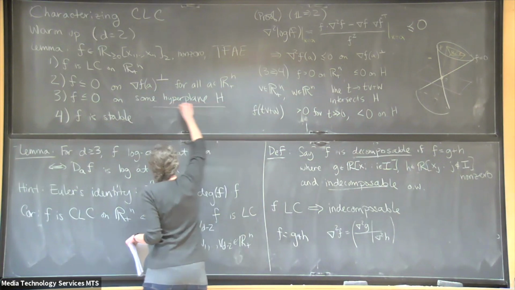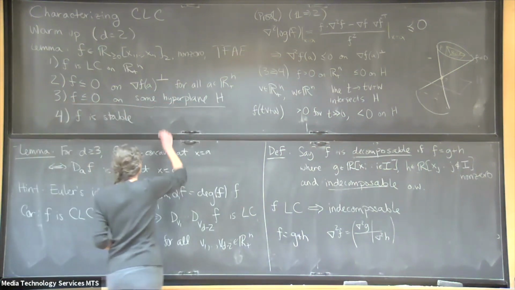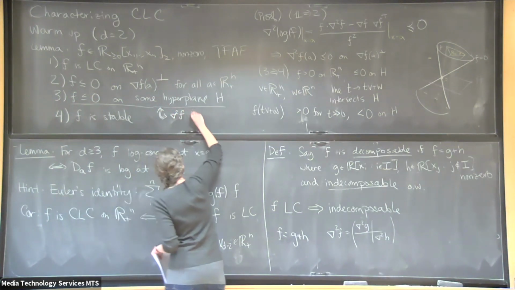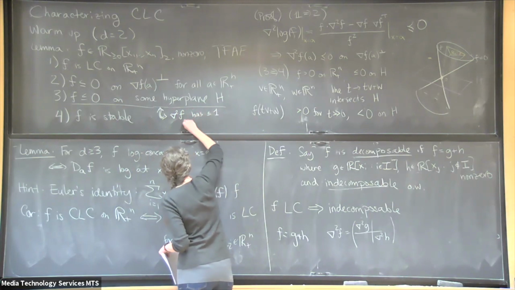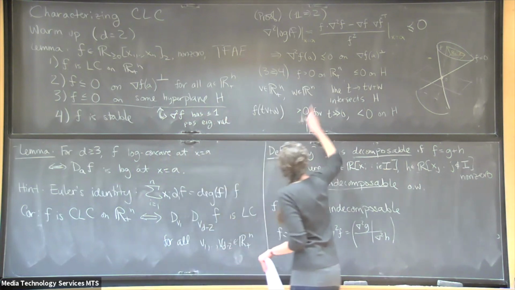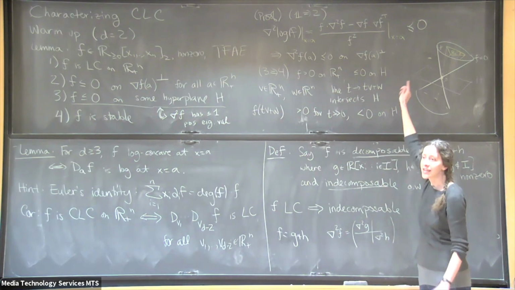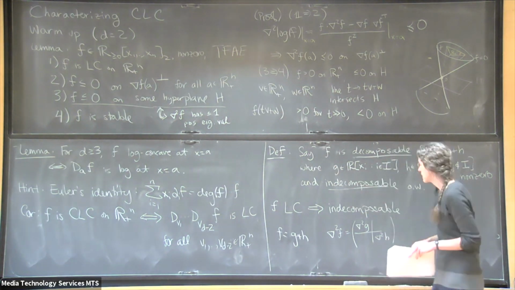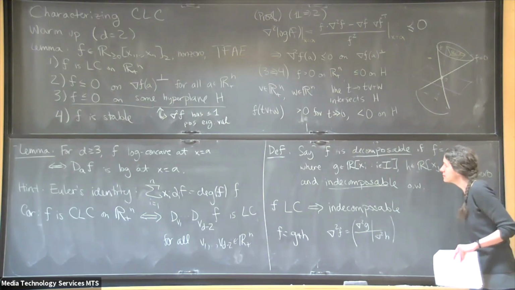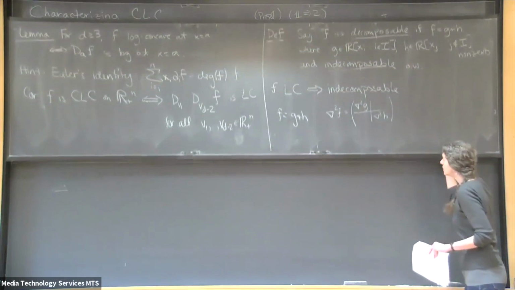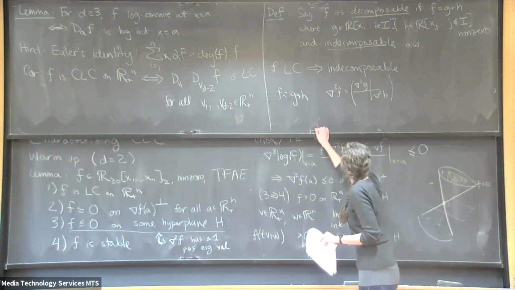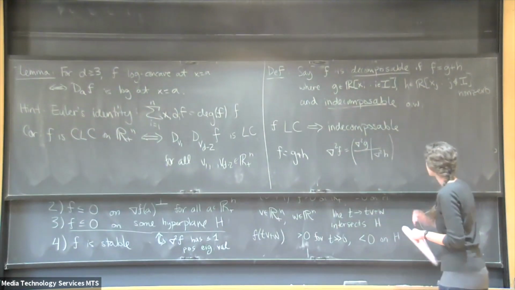So this last thing is actually equivalent to a fourth thing, which is that the Hessian of this quadratic has at most one positive eigenvalue. Because there's this really nice relationship between the Hessian of the log and the Hessian of the polynomial itself.